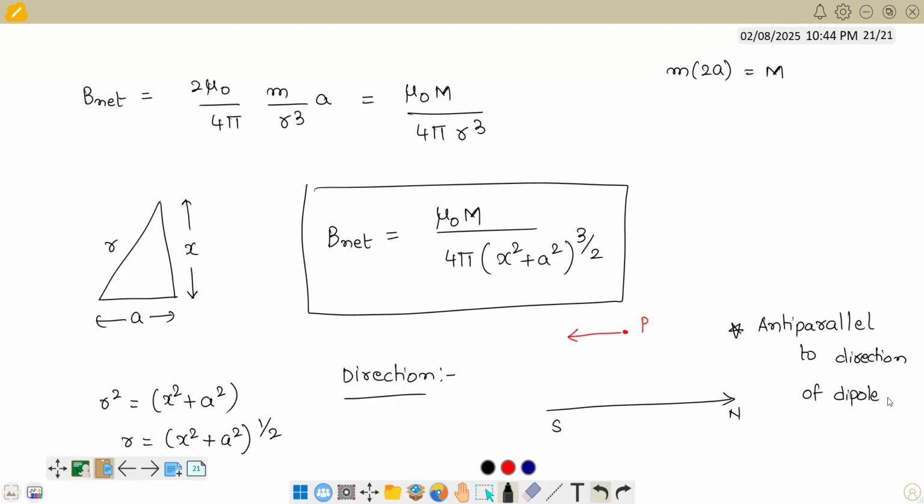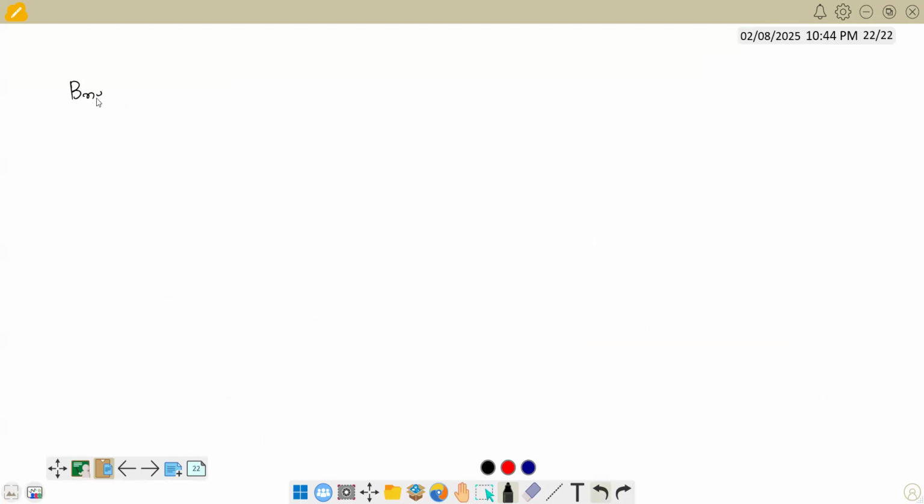dipole. Now let us look at a special case. So we got B net is equal to mu naught m by 4 pi into (x squared plus a squared) whole power 3 by 2.